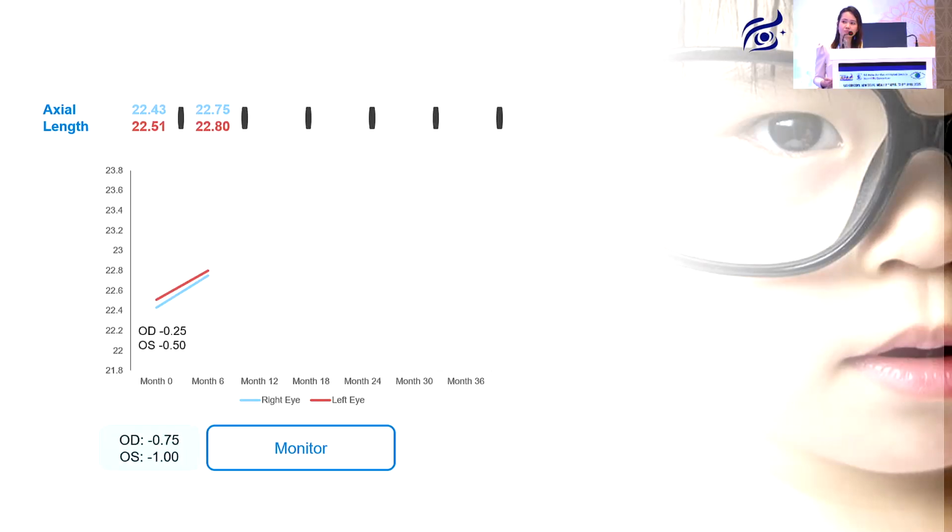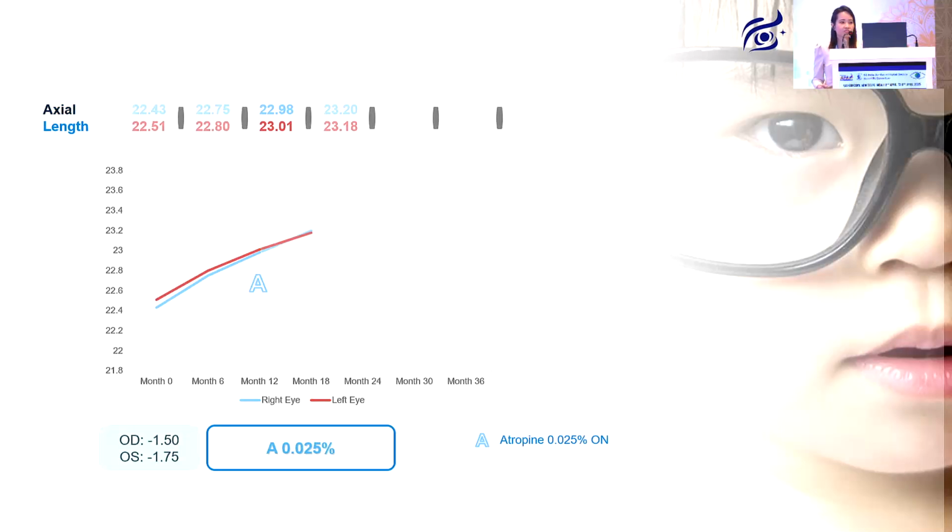So the decision was made at this point in time to just monitor first. At the next visit, the patient had progressed from -1 diopter to -1.5 diopters in both eyes. The decision was made to start the patient on atropine eye drops, 0.025%.